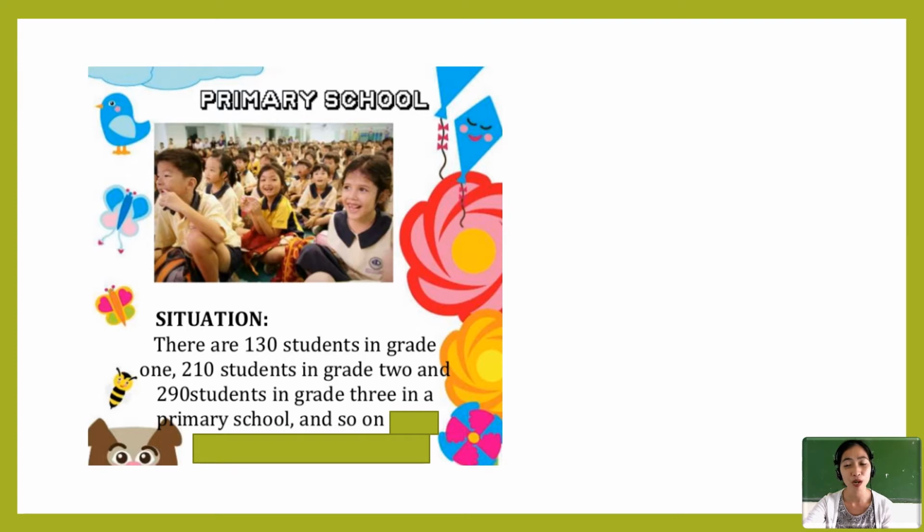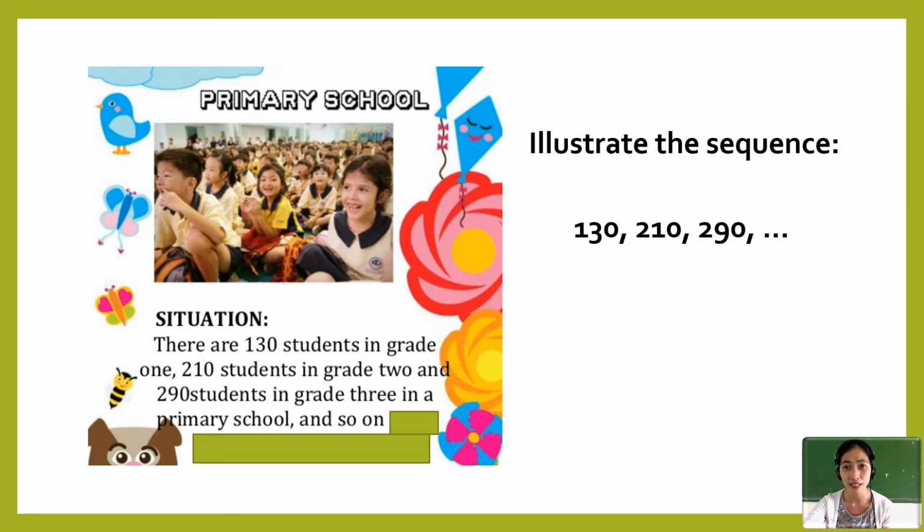Let's have this problem about primary school. The situation is there are 130 students in grade 1, 210 students in grade 2, and 290 students in grade 3 in a primary school, and so on. So let's illustrate the sequence. We have 130, 210, 290, and so on.